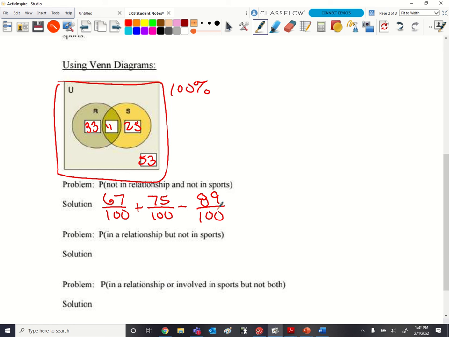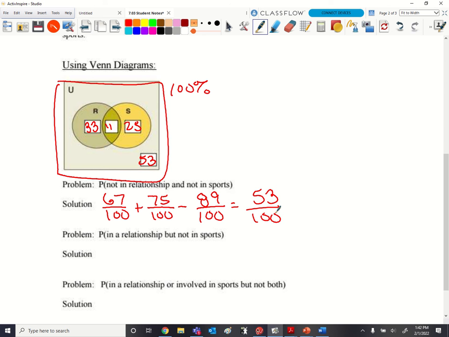So all of them that are not in a relationship, that are not in sports, and then since there is overlap of ones that are in both or not in both, a couple people in here that are not in a relationship or not in sports, we've got to subtract them. So we subtract 89. So what do we come up with? 53. There we go.